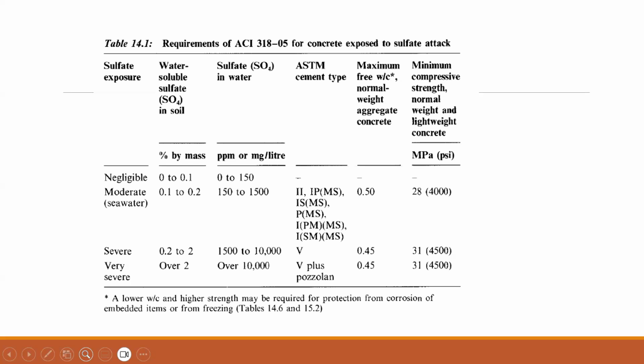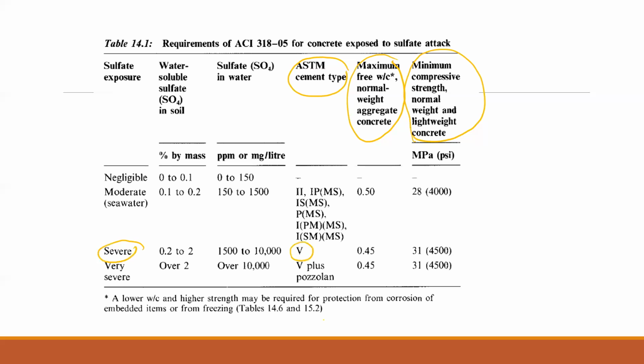If we know the sulfate exposure, we will be able to find the maximum water to cement ratio, the cement type, and the minimum compressive strength. Do we know the sulfate exposure? Is it moderate, severe, very severe, or negligible? Severe, it was in the question. Yes, so it is severe.